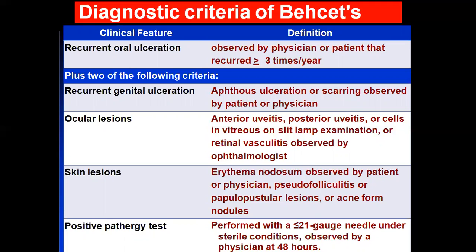How do you perform this? It is performed with a less than 21 gauge needle under sterile conditions and observed by a physician at 48 hours. Skin lesions will include erythema nodosum and pseudofolliculitis, papulopustular lesions and acneiform nodules. Anterior uveitis, posterior uveitis, or cells in vitreous on slit lamp examination, observed by an ophthalmologist, and retinal vasculitis.